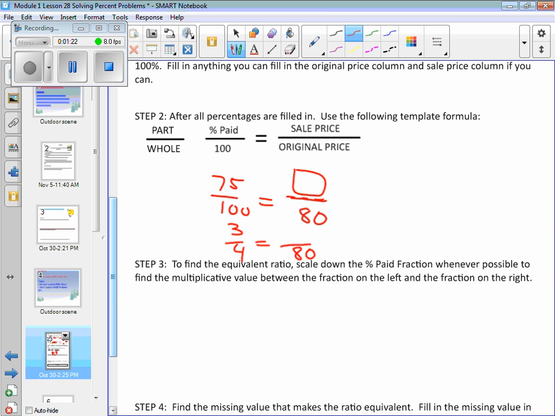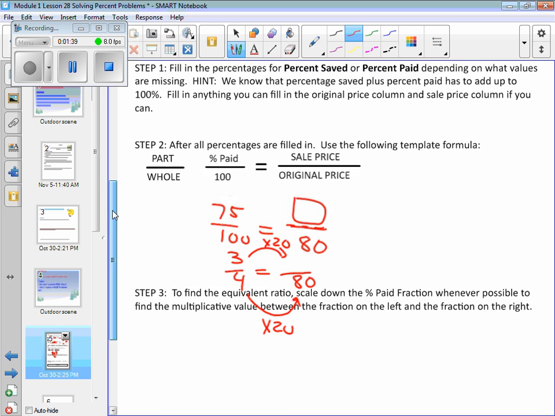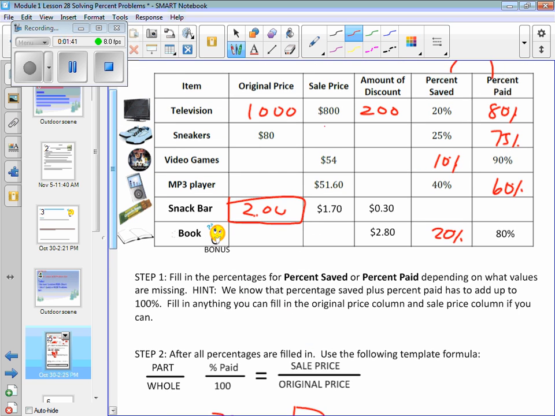Now we're able to see that if we take the bottom and multiply it by that, you'll get your 80, and if you do the same thing to the top, you get your answer of $60 for the discount, or for the sale price.